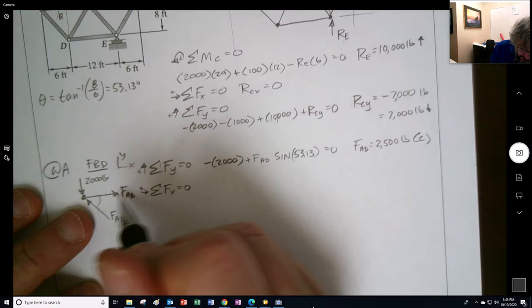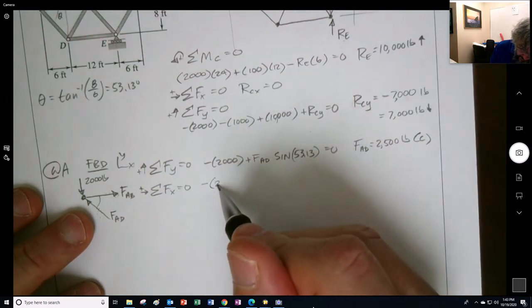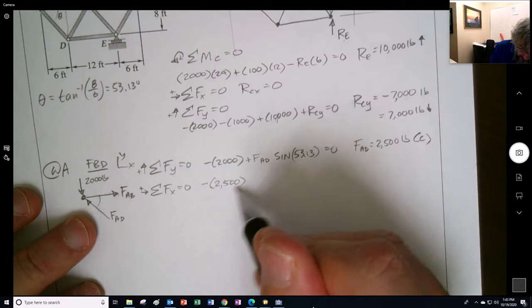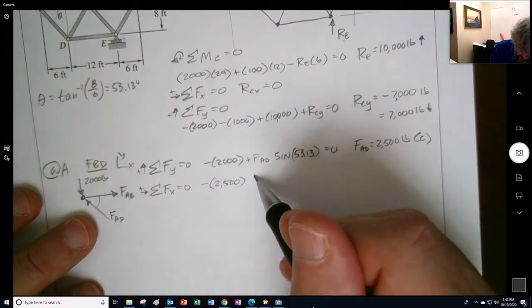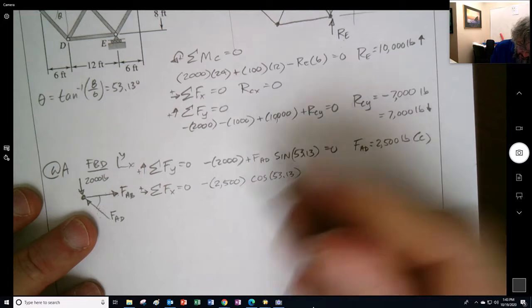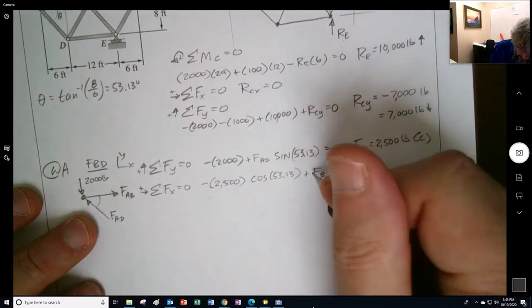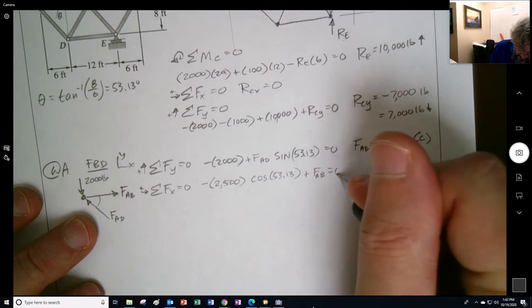In the x direction, I have a negative 2,500, and now I'm going to go cosine of 53.13, and then a positive FAB equal to 0.